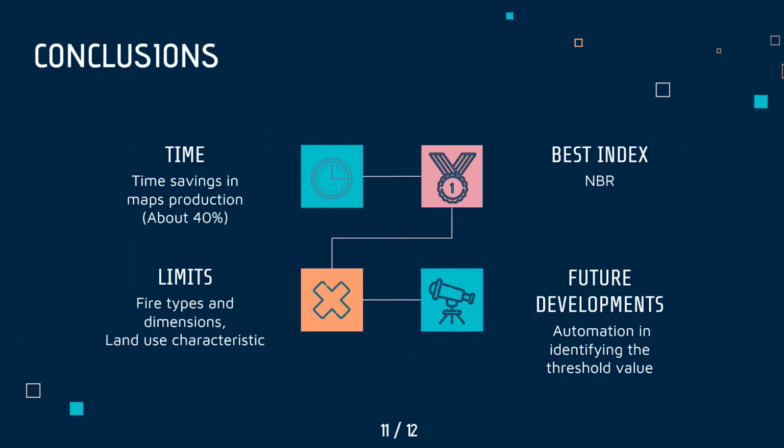In case of grazing fire, the extraction of the tool will be full of holes caused by the canopy that will remain green. We also noticed that in case of little fires, the tool doesn't work well because it's easier and faster to manually digitalize them.